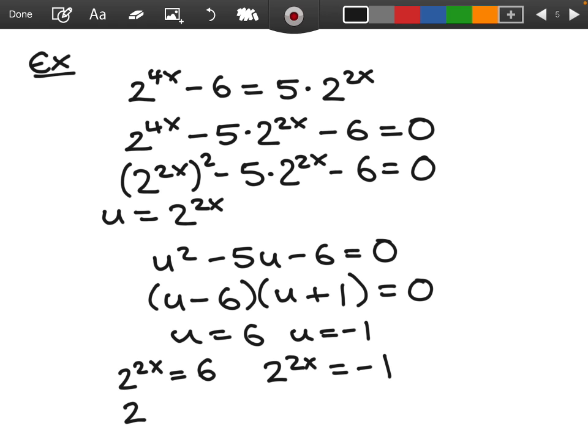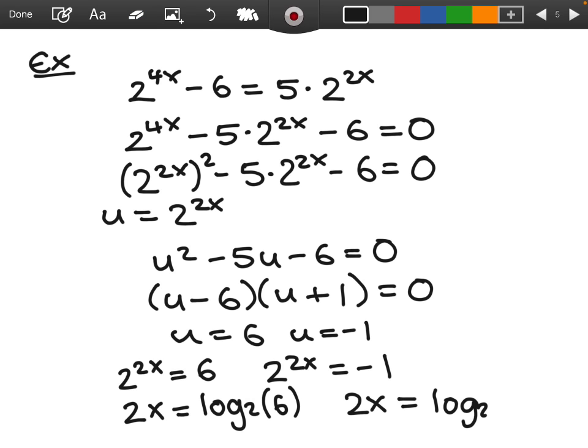So taking log base 2 of both sides will leave me with 2x is equal to log base 2 of 6, and 2x is equal to log base 2 of -1. And then I can just divide both through by 2 to leave me with x for each one.